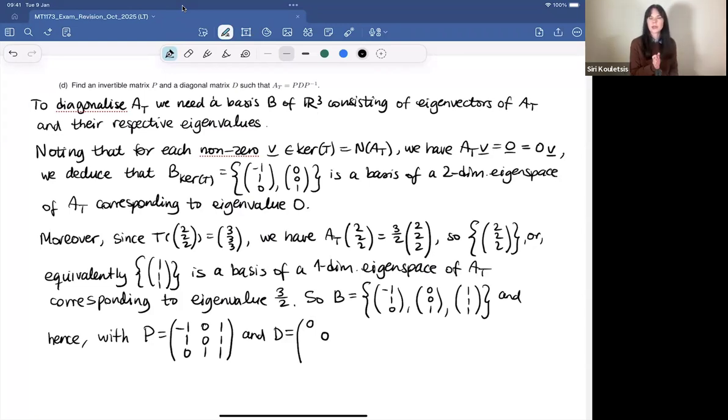So the first two vectors are eigenvectors of eigenvalue 0, and the third column here is an eigenvector of eigenvalue 3 over 2. So this ordering absolutely matters. And then we have AT equals P D P inverse.